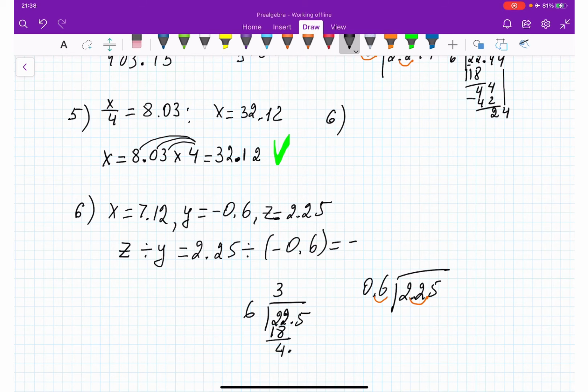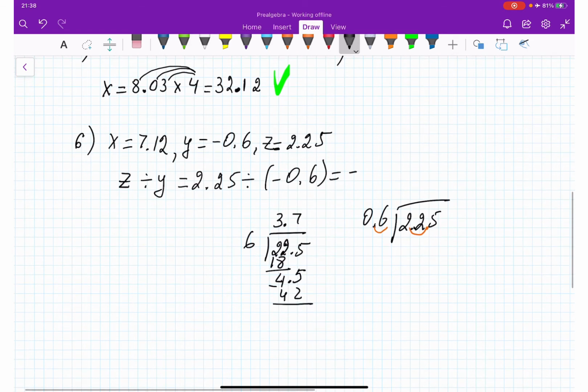The decimal comes down, bringing down 5, 45 divided by 6 is going to be 7, 42, and the remainder is 3. So I can add 0, because after the decimal point you can add as many zeros at the end as you want.